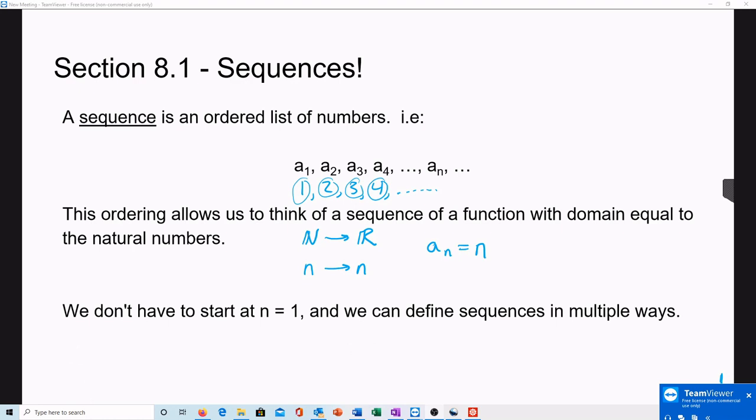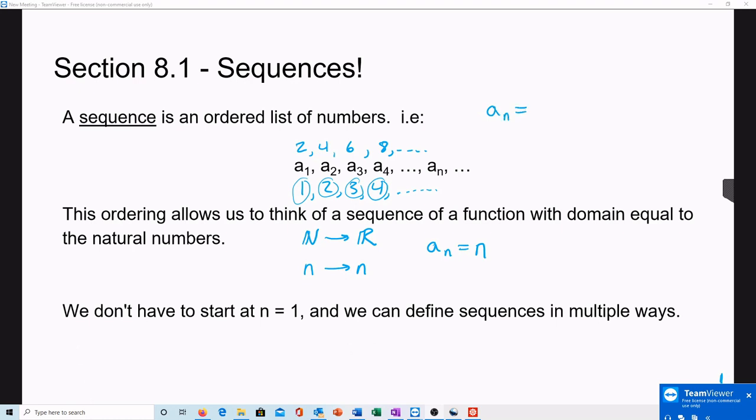I could do something like 2, 4, 6, 8, dot, dot, dot. In this case, you can hopefully see the pattern, and what you might want to do is get a formula for this. So a sub n is equal to what?